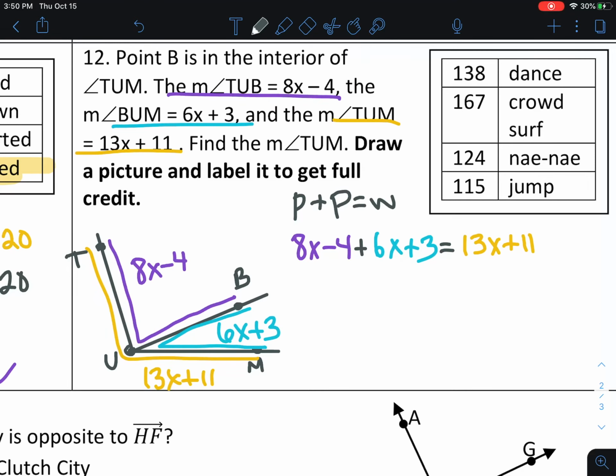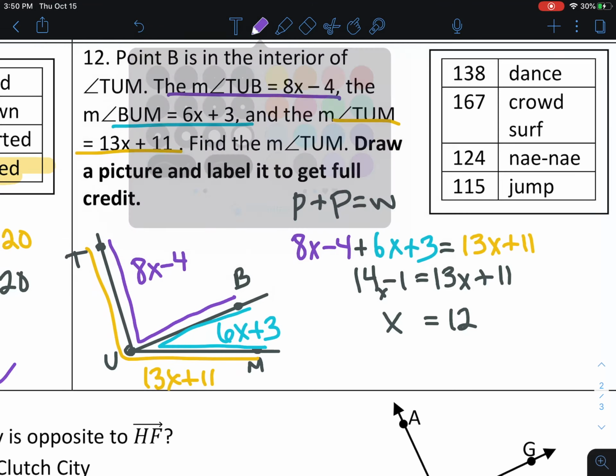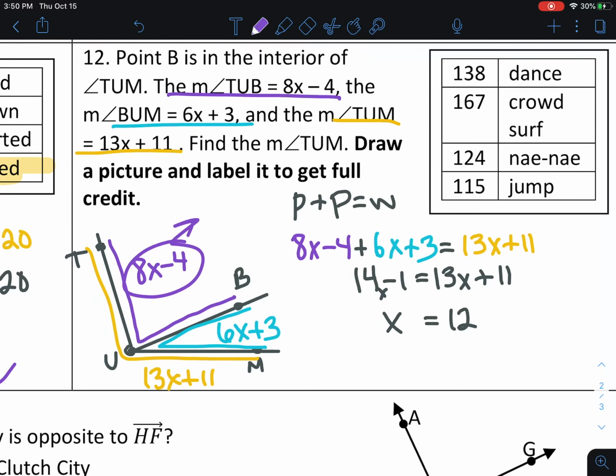All right, so you can enter that into your calculator or you can solve it by hand. Oops, there's an x there, my bad. All right, so I get x equals 12, and then I'm going to plug it in here. So that's 8 times 12 minus 4, which is 92 degrees.